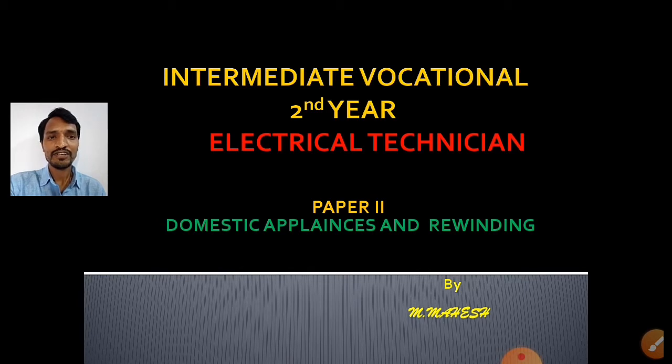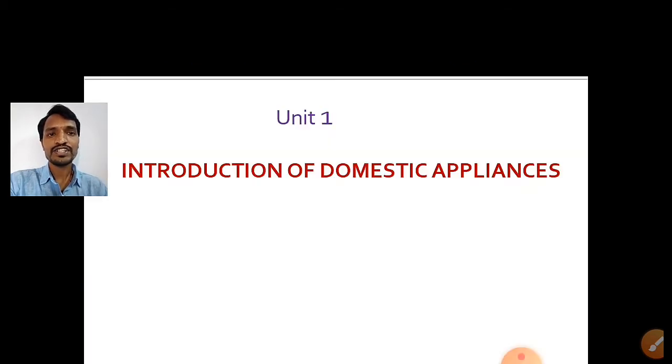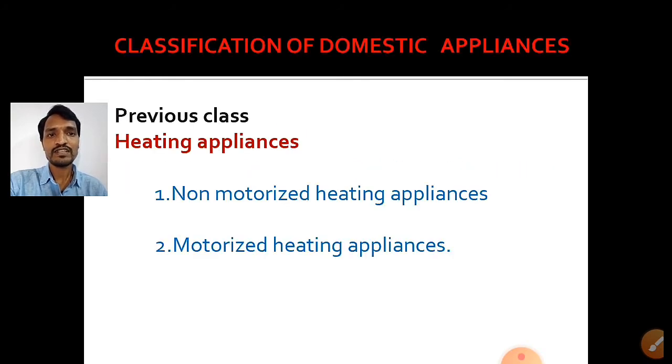Today in our electrical technician course we are going to study paper 2, that is domestic appliances and rewinding. In this we have started our first unit, introduction of domestic appliances. In the previous class we studied the classification of domestic appliances.